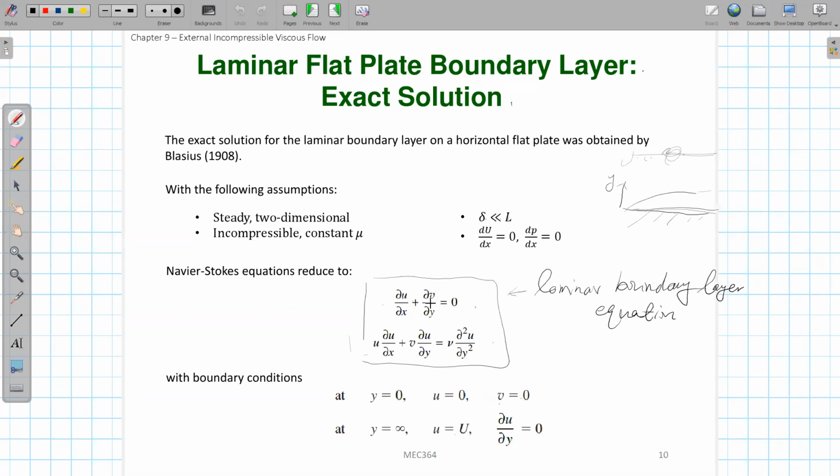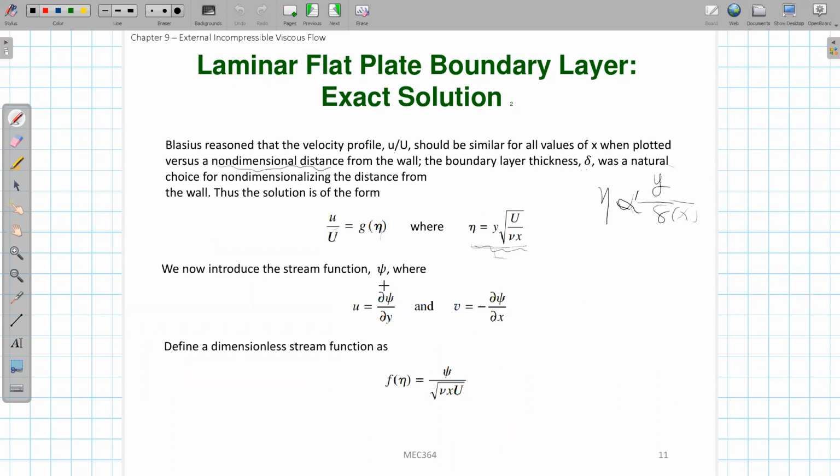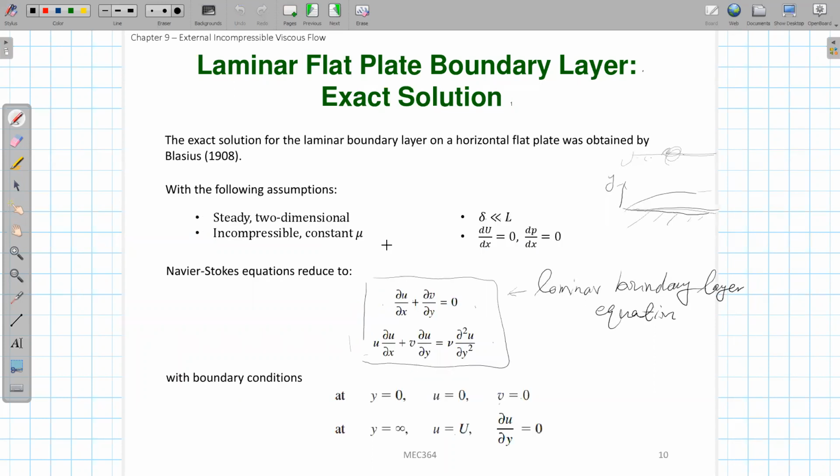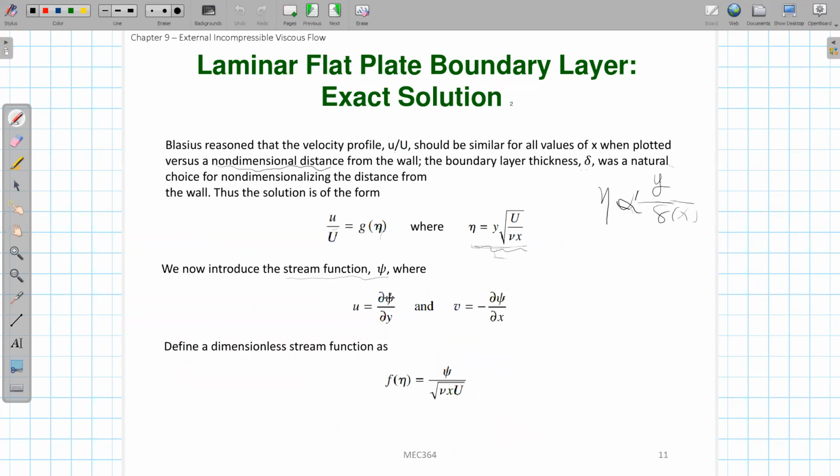When we have an incompressible flow, the first thing we can do is introduce the stream function psi, which we introduced before for incompressible flow. With this psi, we define u as partial psi partial y and v as minus partial psi partial x, from the definition of the stream function.